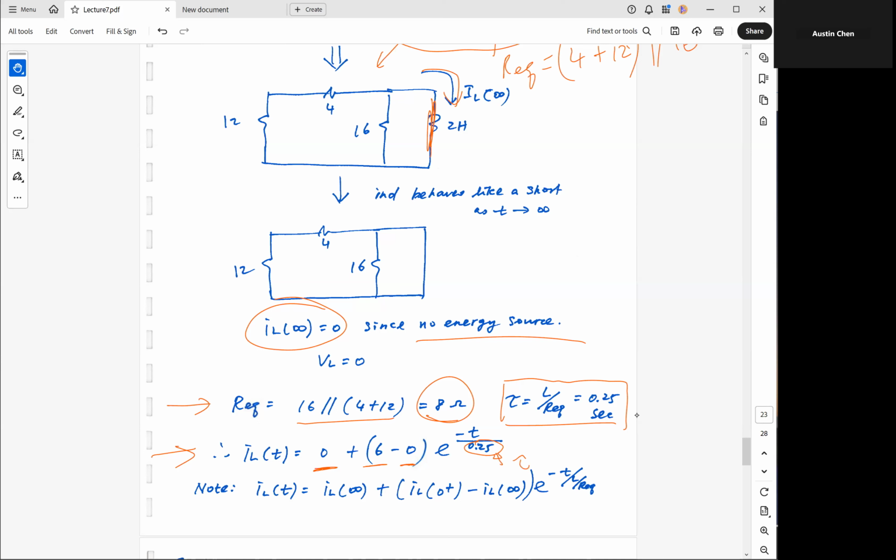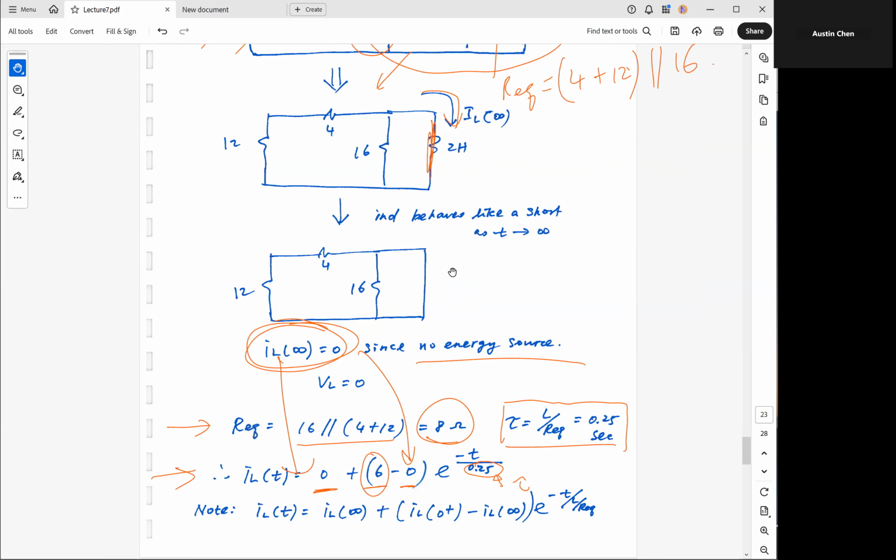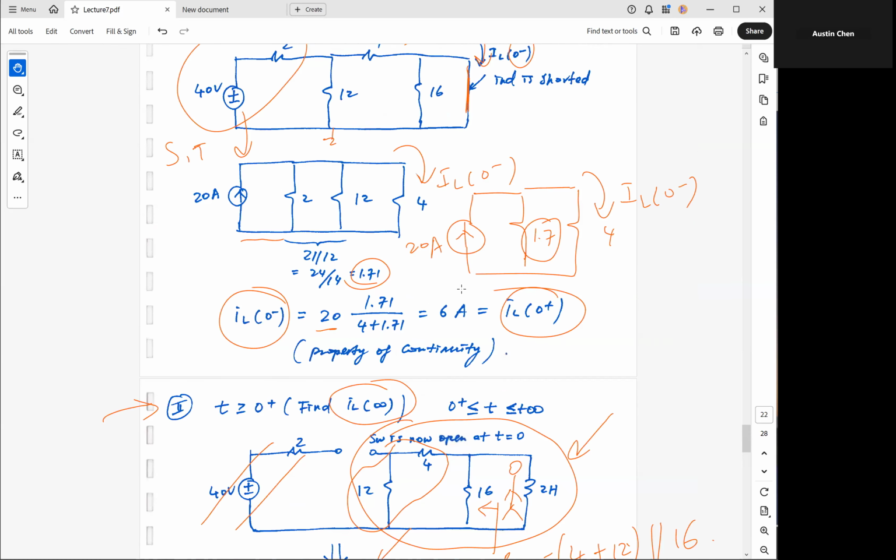My final value is equal to 0. And then the initial value is 6m. And this 6m is found from the property of continuity. But before you can find IL at 0 plus, you have to first find the IL at 0 minus.